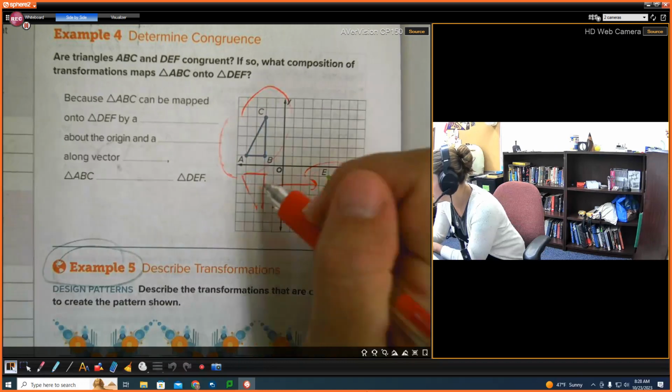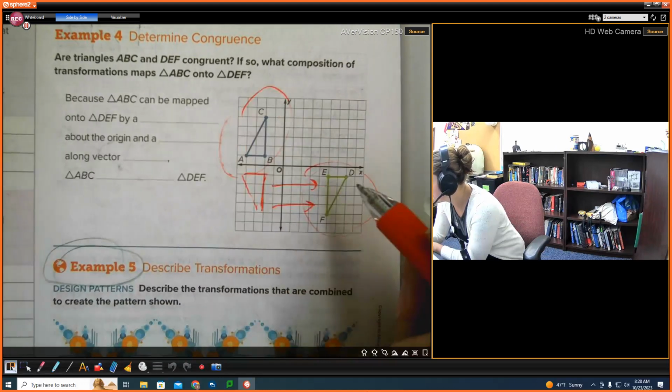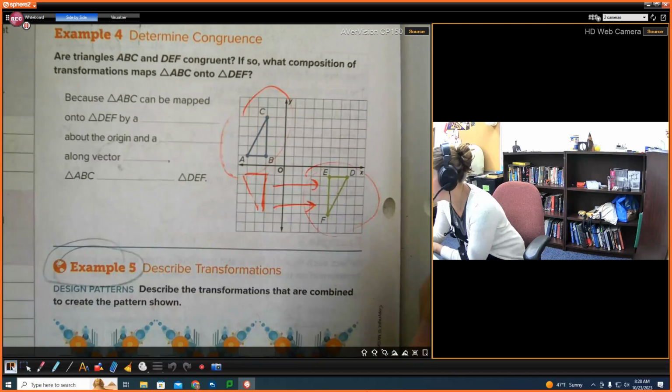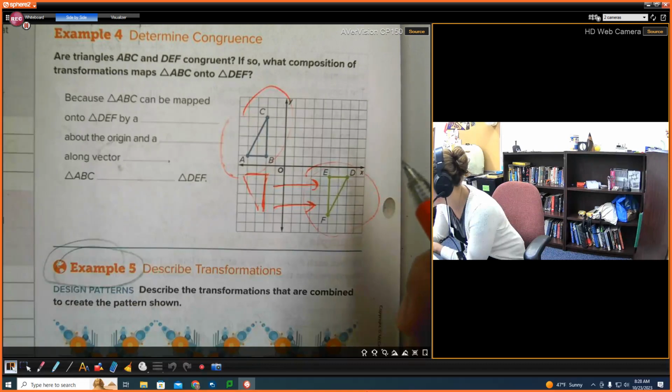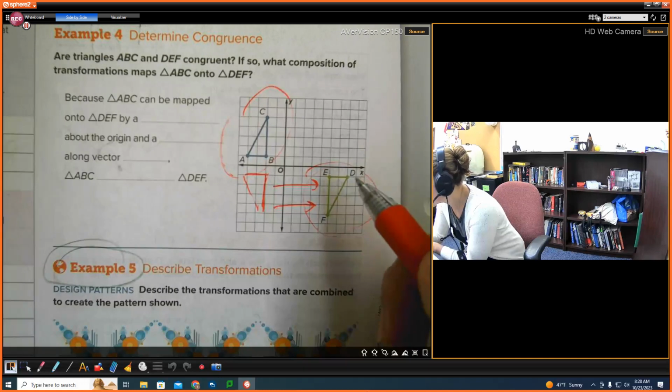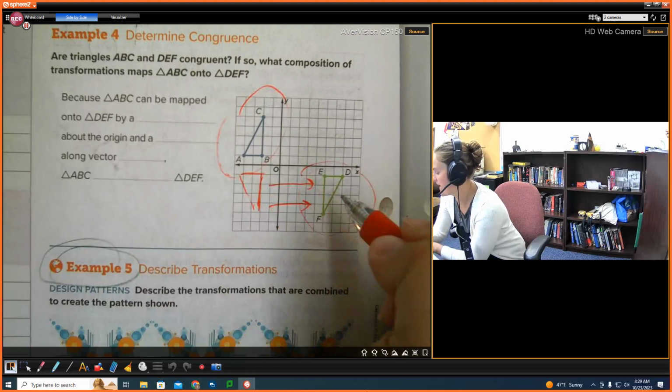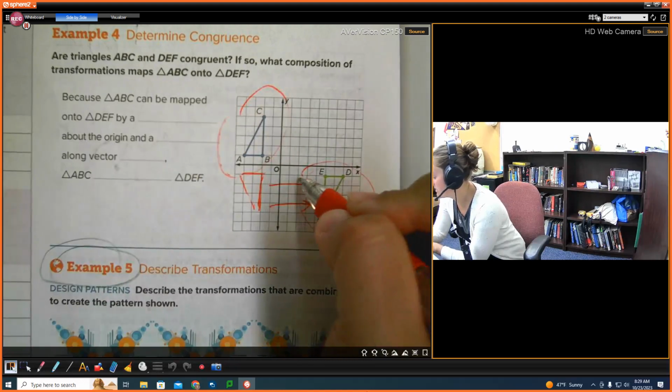Oh yeah, you're right. Or like Jen said, a rotation about a specific point, right? So you could do either of those where you reflect it twice and then a translation.